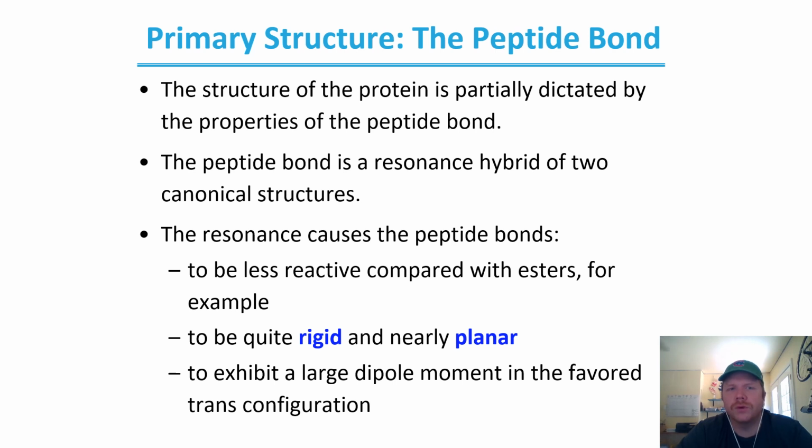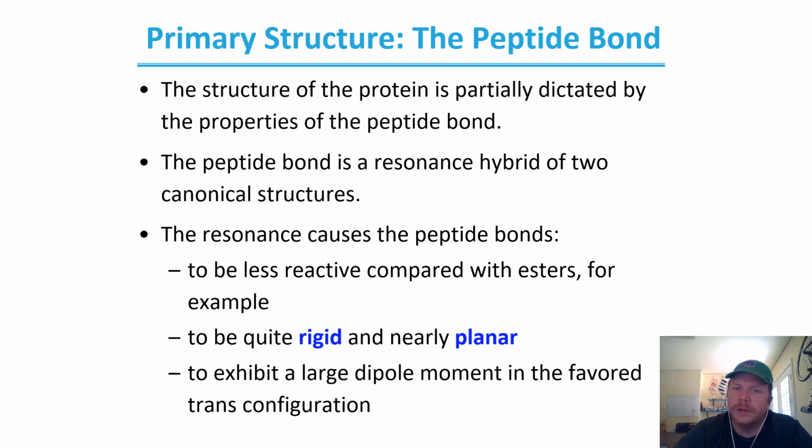So the primary structure, as we already talked about, is stabilized by the peptide bond. The primary structure is just the sequence of the amino acids from the N termini to the C termini. What is going to stabilize that? Peptide bonds. The structure of the protein is partially dictated by the properties of the peptide bond.